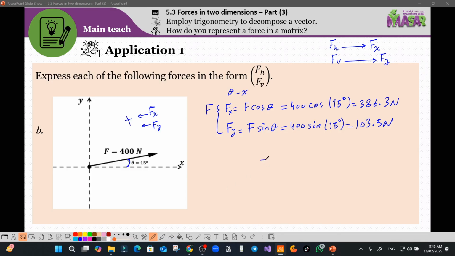Now finally, we use the matrix notation to represent the outcome: 386.3, 103.5 Newton, where the first entry represents the Fx or Fh, and the second entry represents the Fy or Fv.